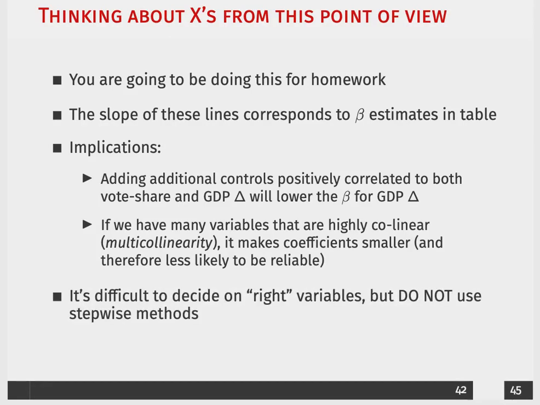So it's always going to be difficult to decide what the right variables are. And moving forward, I am going to teach you some wrong ways to go about selecting variables, but I always recommend that you use theory to guide what variables you include in your model, exactly for this reason, because you will have a good theoretical reason for why some of your covariates vary together.